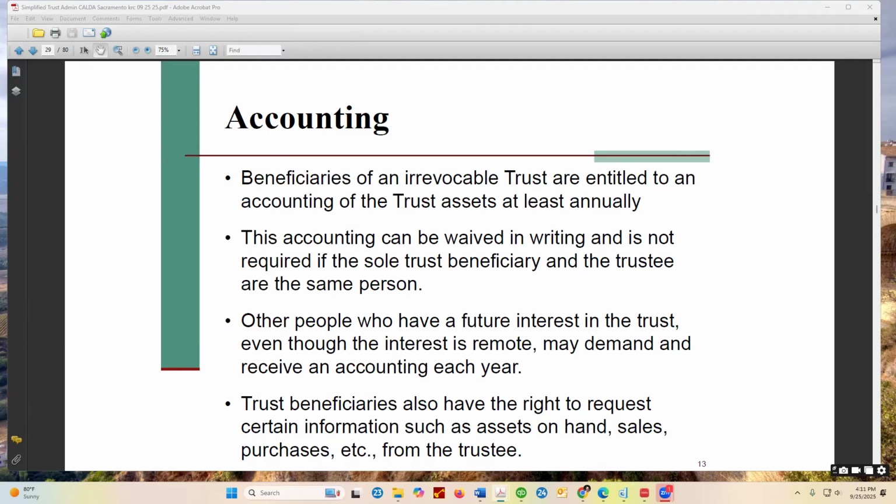For a trust, there is a statute that says you're supposed to do an accounting. It's kind of optional. And if the beneficiaries don't want it, then you don't necessarily need to prepare it.